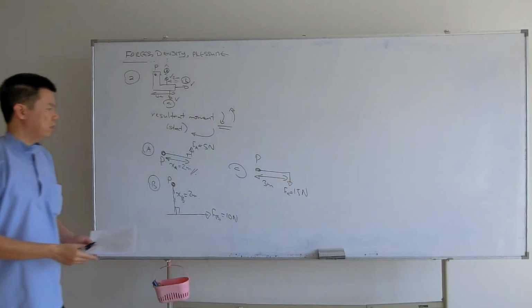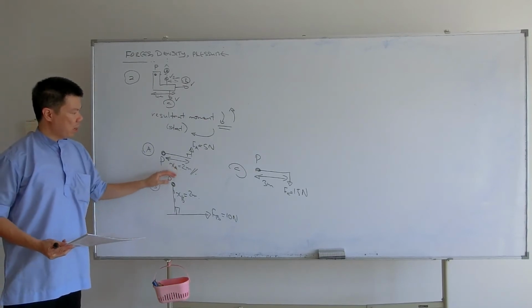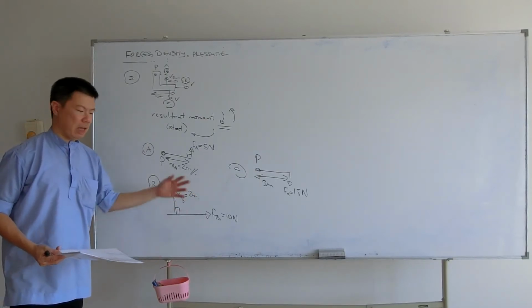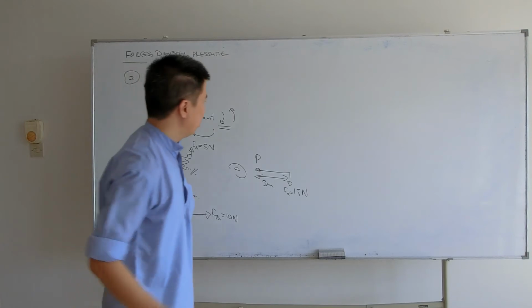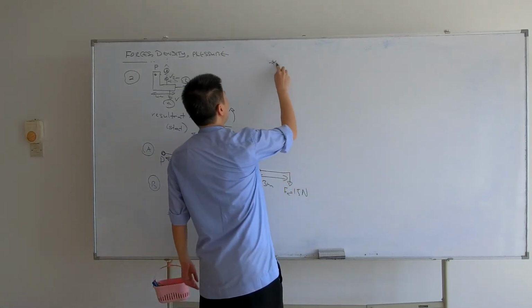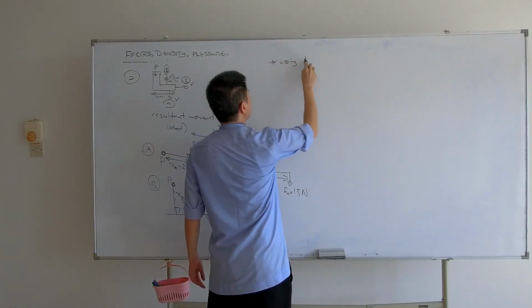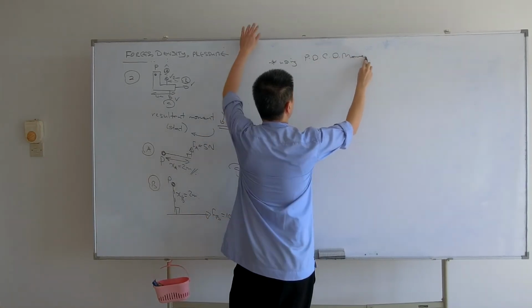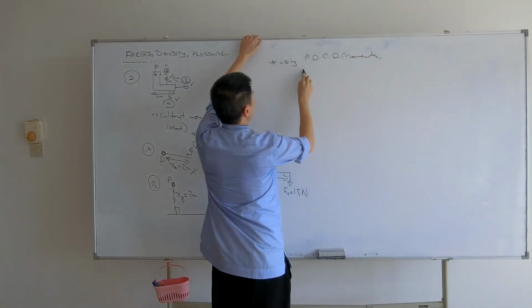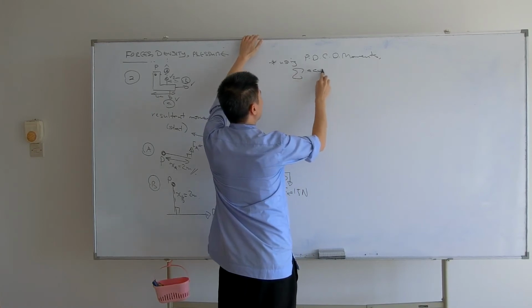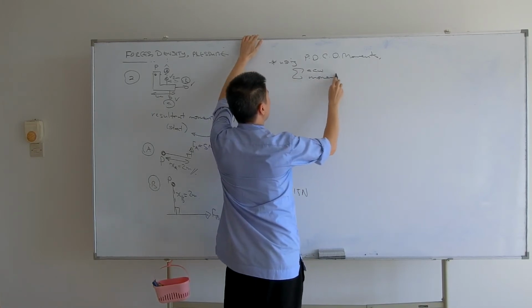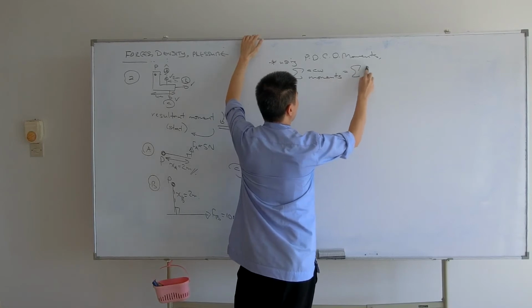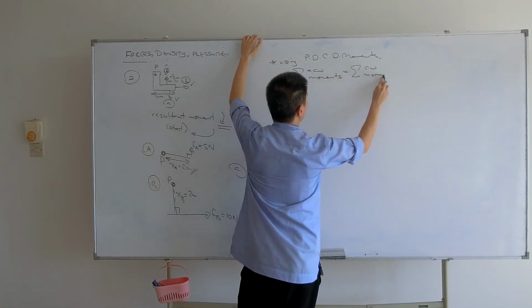From a complicated diagram, you are able to break it down into smaller parts, and then you use the principle of conservation of moments. Sigma anti-clockwise moments equal sigma clockwise moments.